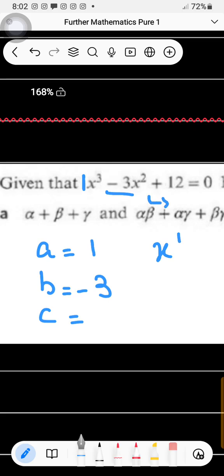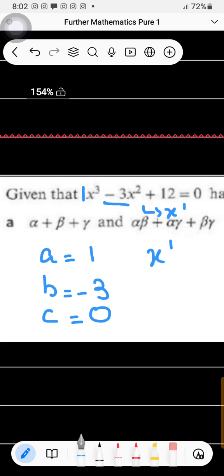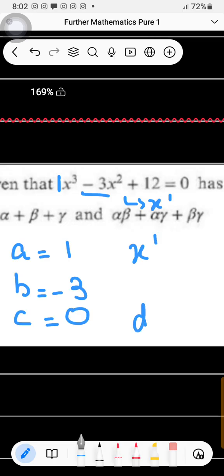There is nothing with x power 1, so here is 0. And d is the constant without having x, so d is equal to 12. So basically this is d. I hope you got it.